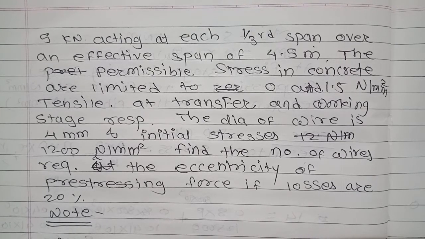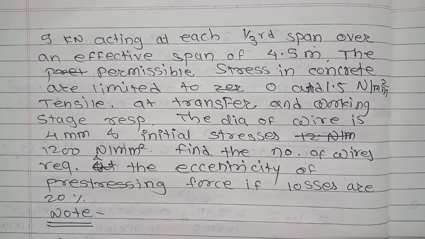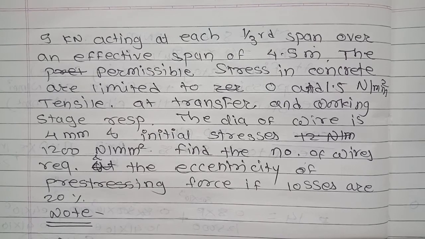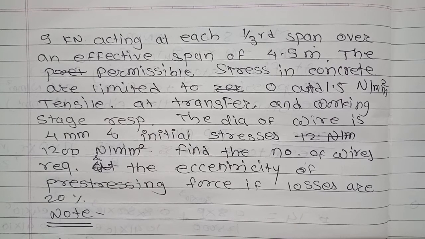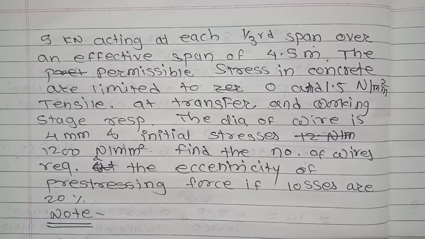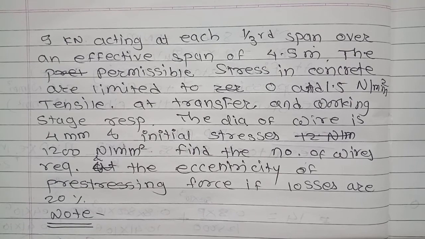The permissible stresses in concrete are limited to 0 and 1.5 Newton per mm square in tension at transfer and working stage respectively. The dia of wire is 4 mm and initial stress is 1200 Newton per mm square. Find the number of wires required and the eccentricity of pre-stressing force if losses are 20%.